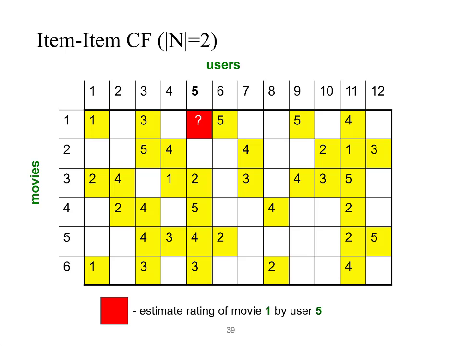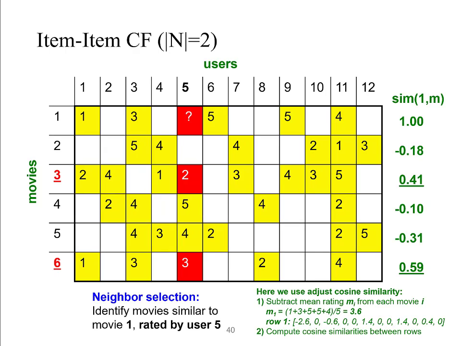The first thing we need to do is compute the similarity between movies, or items, and find those movies that are similar to movie 1. Here we use adjusted cosine similarity. It is just another way to compute the similarity. You can also use other similarity functions as well.